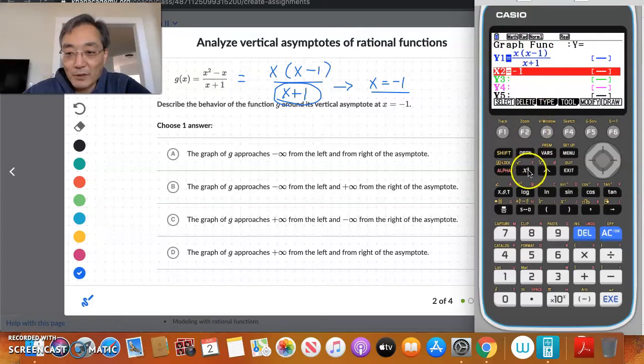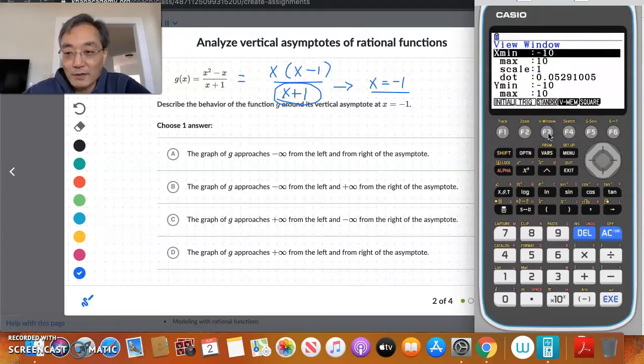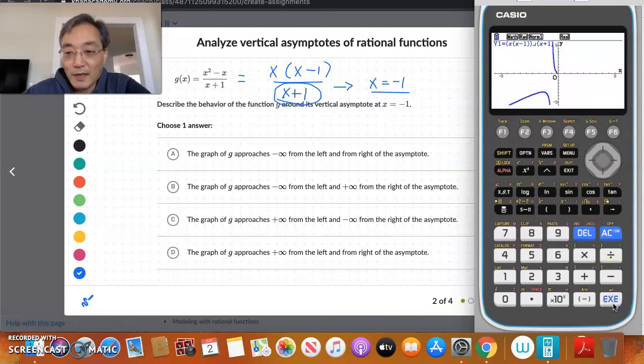Now let's take a look at what this looks like. Again, shift, viewing window, we'll make it standard. Viewing window for now, enter. And let's see. Do you see that, guys? Do you see what's going on here? So at x equals negative 1, this function from the left side tries to come up, and then it turns around and just drops, goes back down.